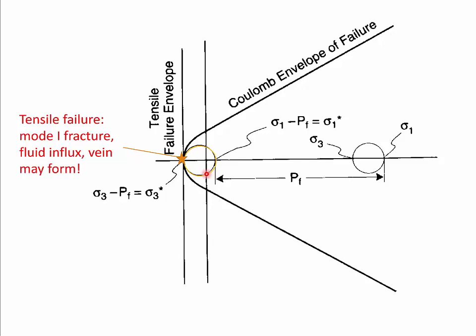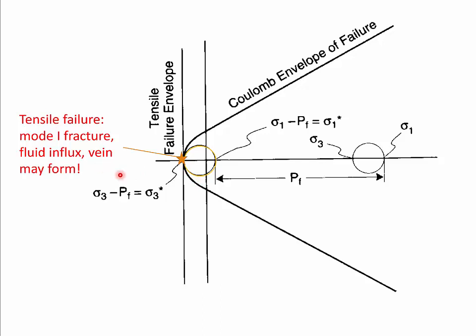And under such effective stress conditions, that means a sigma 3 star and a sigma 1 star, these conditions are suitable for tensile failure. And what would happen is a tensile fracture would form, the fluid would be extracted into that fracture and a vein can form.